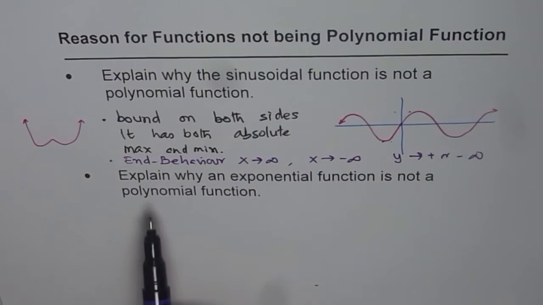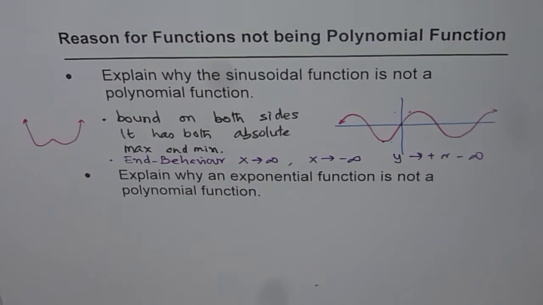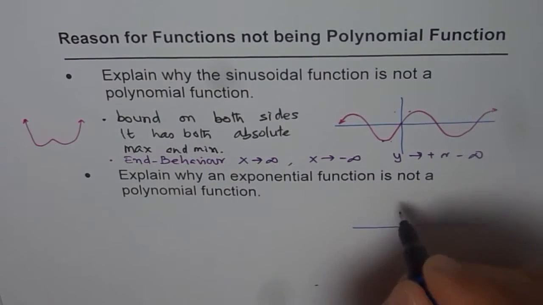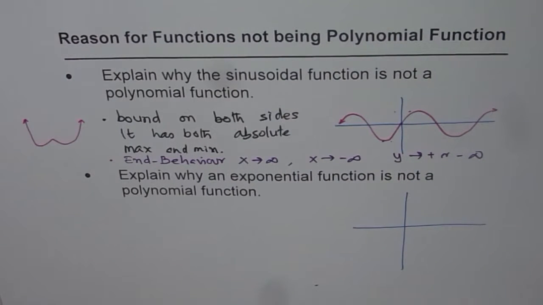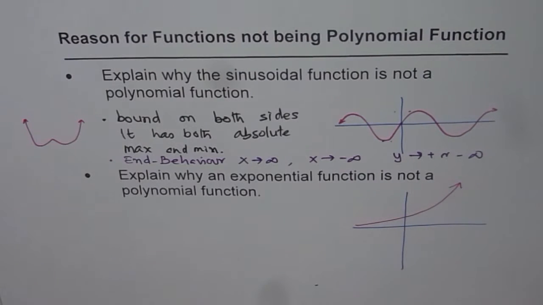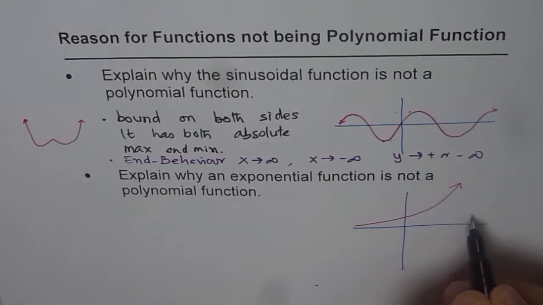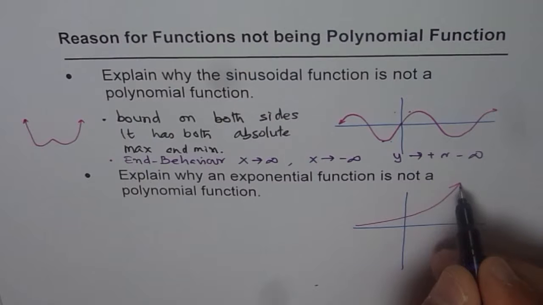Now the second question is: explain why an exponential function is not a polynomial function. If you look at the exponential function, it looks kind of like this. Now, if you see the right side of it in the first quadrant, as x approaches positive infinity, y approaches positive infinity.